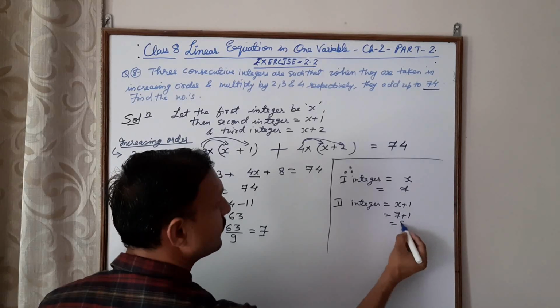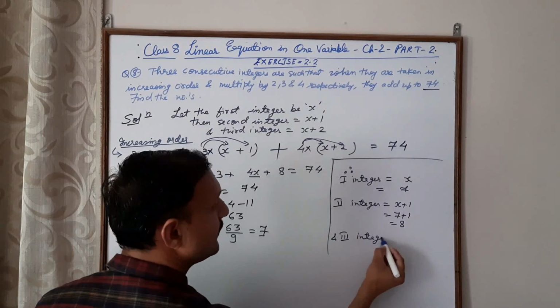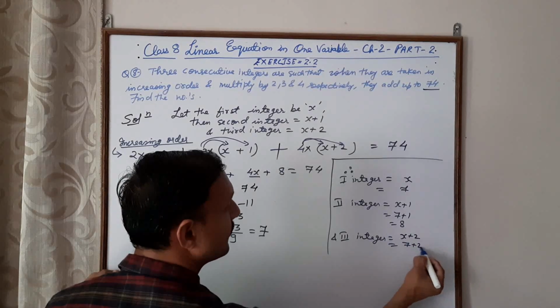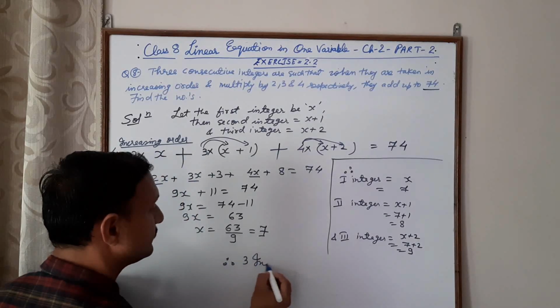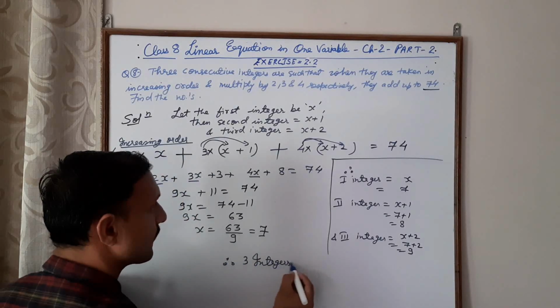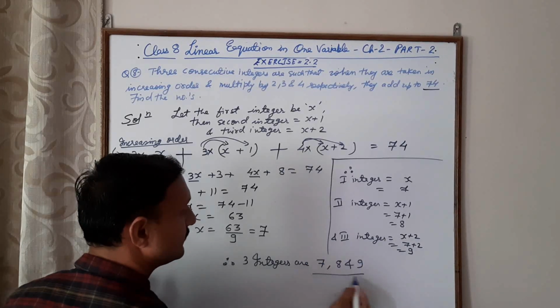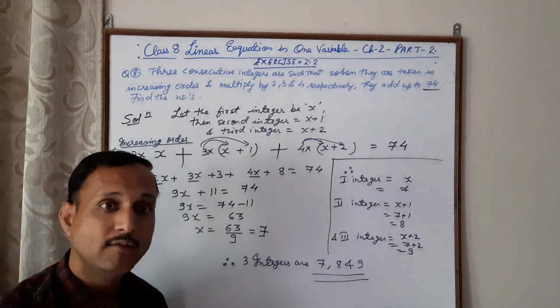And third integer, x plus 2, 7 plus 2 equals 9. Therefore, the three integers are 7, 8 and 9. So in this way we can solve easily, children. But you have to read it again and again so that finally you come to form the equation.